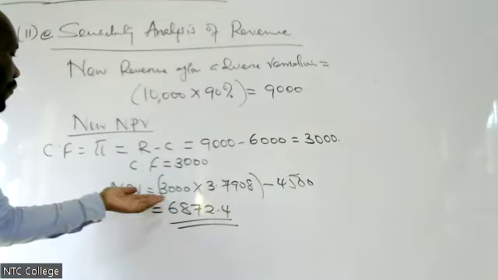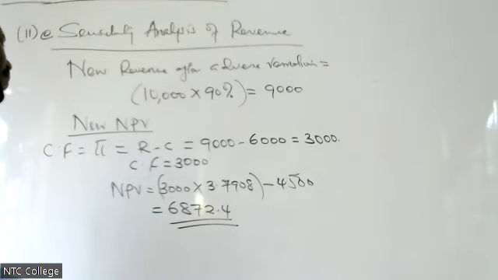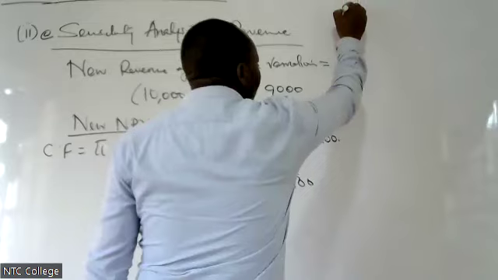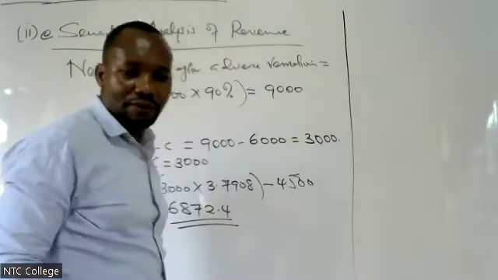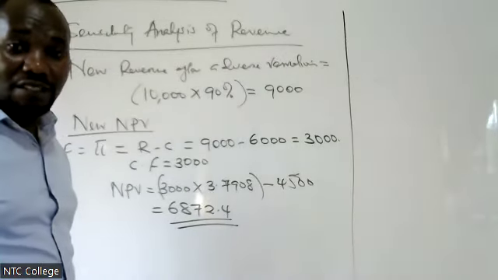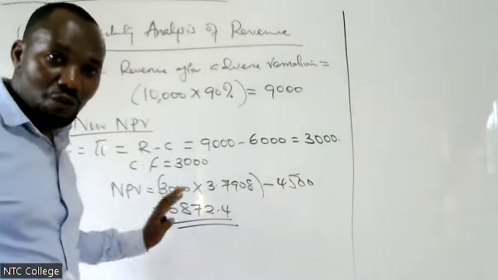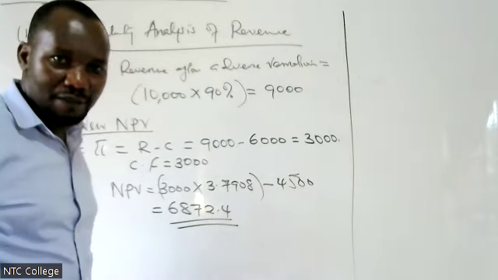That cash flow gives us an NPV of 6,000. The original NPV was how much? 10,000. So you can say there is adverse change. NPV has gone down from 10 to 6. So that change is called adverse.